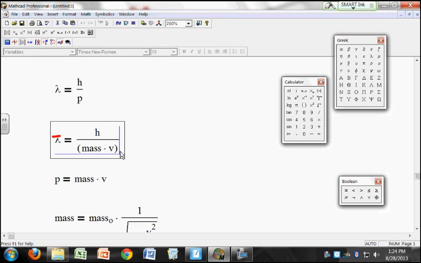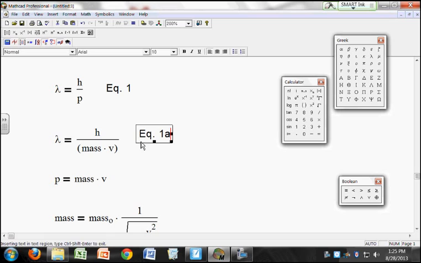And what did it just do? It gave me an equation where mass times v was substituted for p. Okay, so let's call this equation 1, this is equation 1a, this is equation 2, and this is equation 3. So that's substitution.